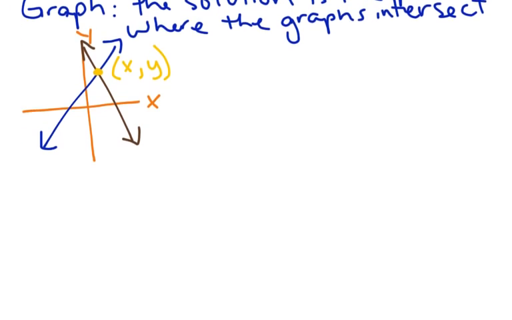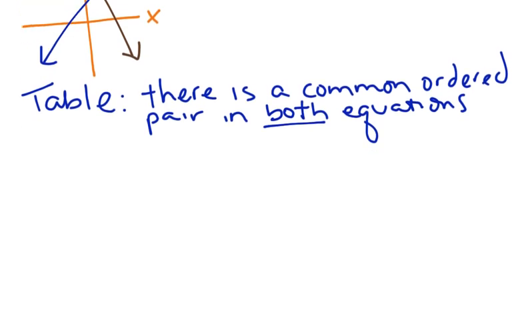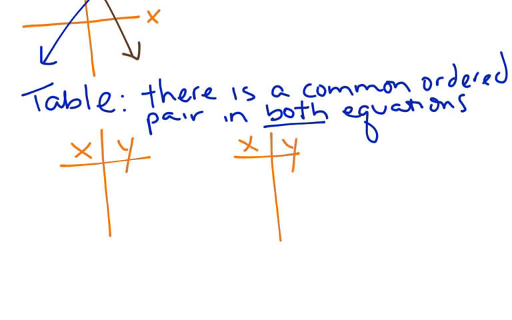Okay? So next we are going to look at a table. The solution on a table happens when there is a common ordered pair in both equations. So again, let's look at an example. We have 2 tables, and in one table we have points -1, 5; 0, 4; 1, 2; and 2, 3.